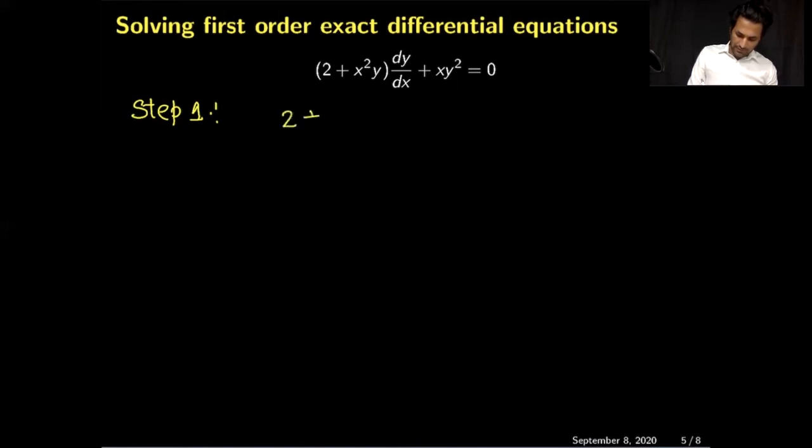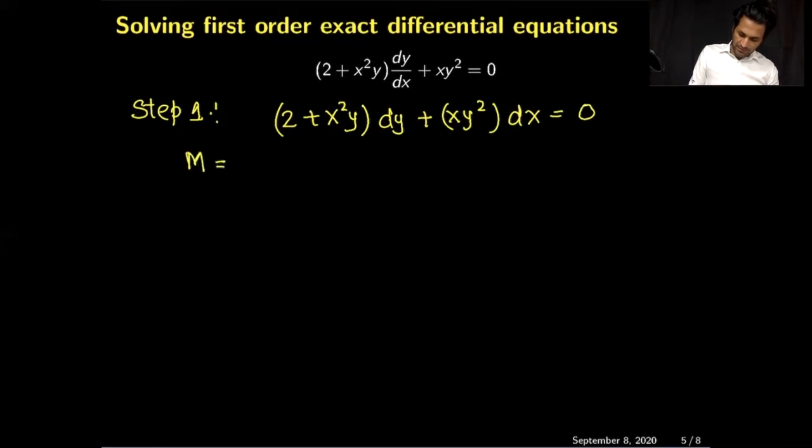So (2 plus x square y) dy plus x y square dx is equal to 0. Here I can identify my M. M is basically the coefficient of dx, so x y square, and my N is 2 plus x square y.